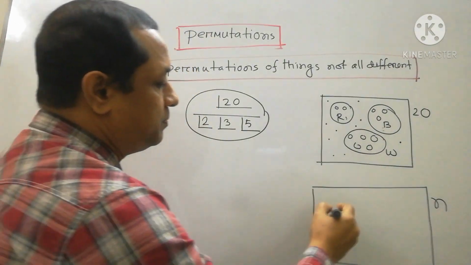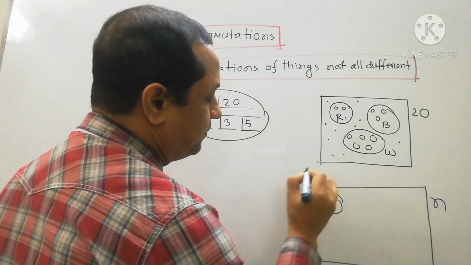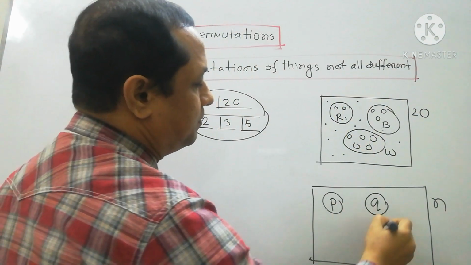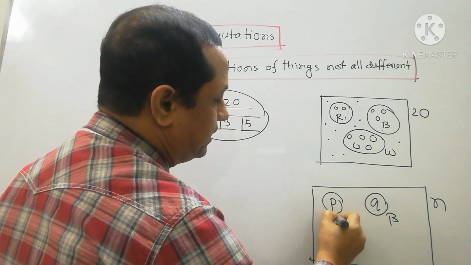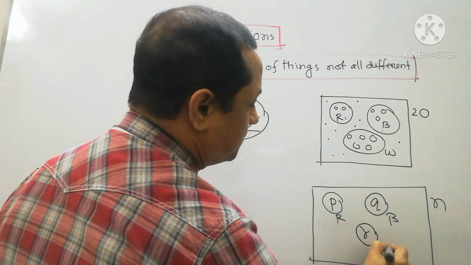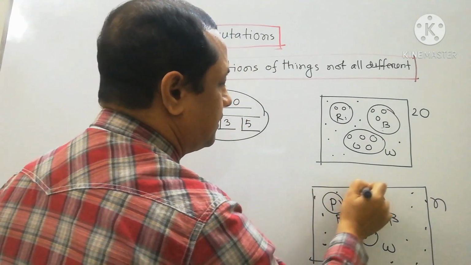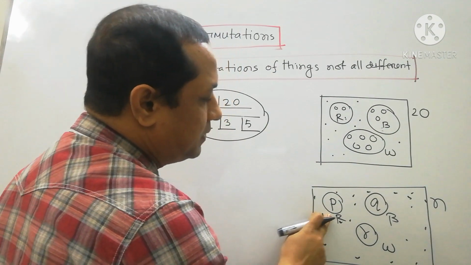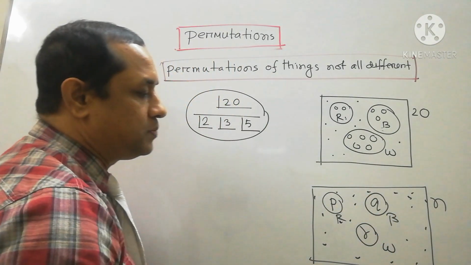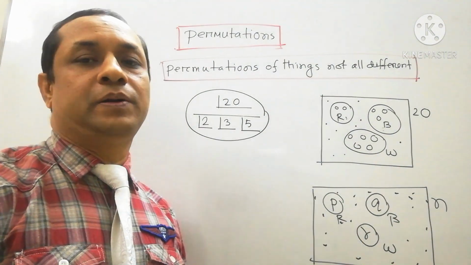Here P are the same, red balls, Q are black balls, and R are white balls, and the other balls are of different colors. So how many arrangements or permutations are there?